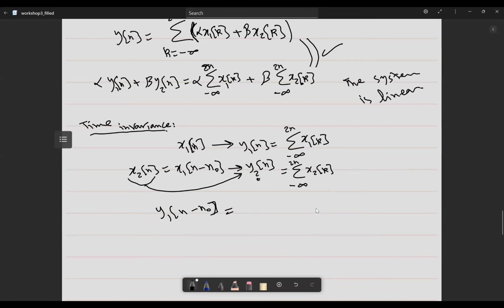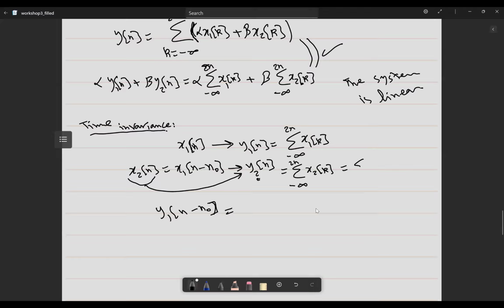So x2[k], this is the input that is shifted. y2 at n equals the summation from minus infinity to 2n of x2[k]. Here k is replaced by k minus n0.